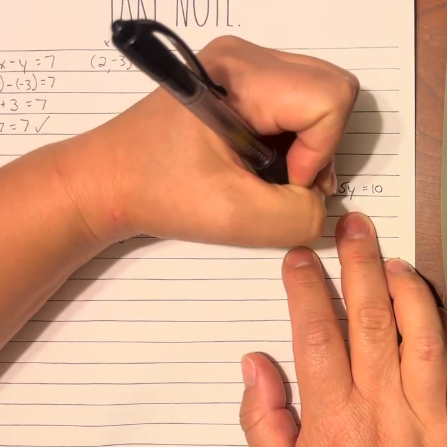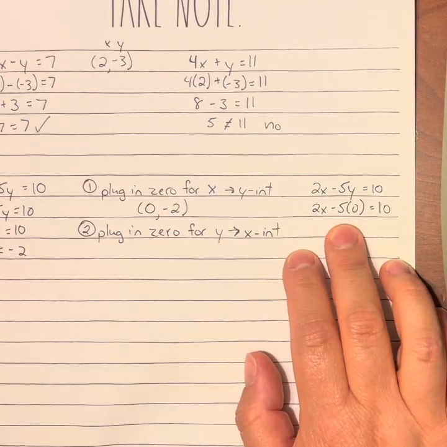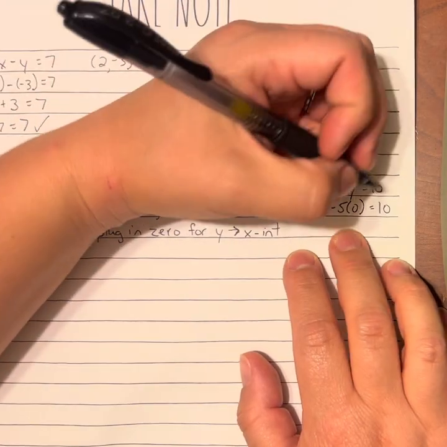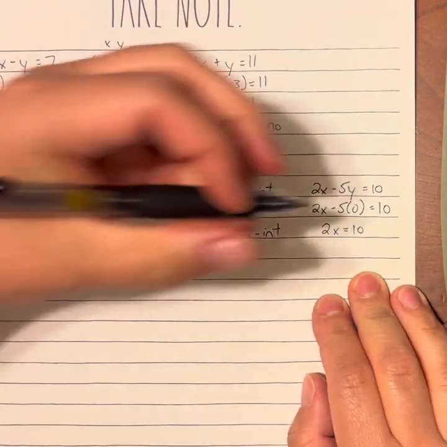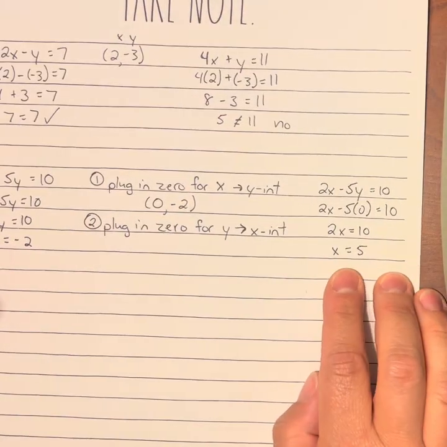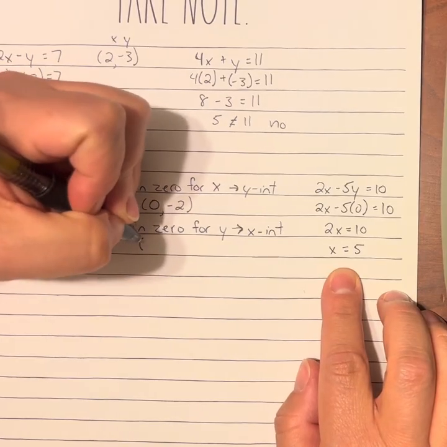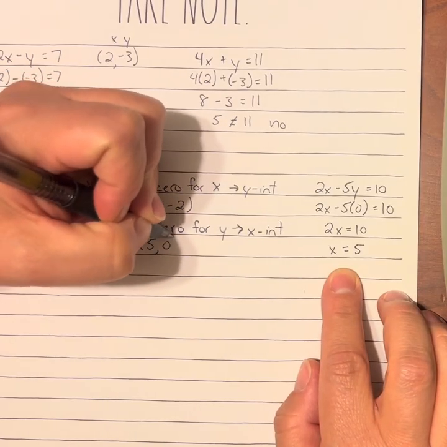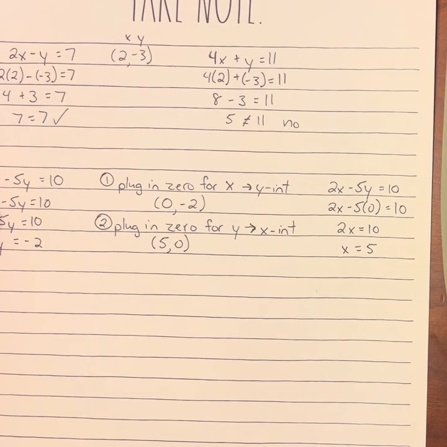So we'll have 2x minus 5 times 0 equals 10. Well, 5 times 0 is 0, so 2x equals 10. Divide both sides by 2, so x equals 5. So we're finding our x-intercept. So in an x-intercept, the y value is 0. So 5 is our x and 0 is our y. So if a question just asks you to find the intercepts, well, there they are.